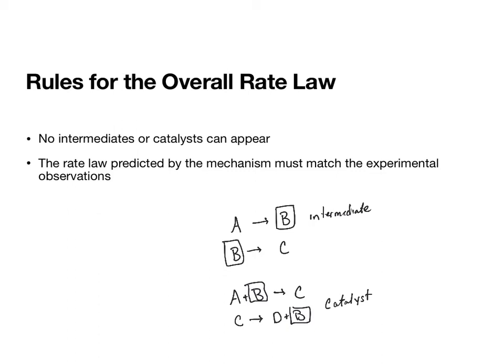So it's involved in the reaction, but it's not used up. It's used and then it's recreated, and that's what a catalyst is. An intermediate is something that is created and is then used. So intermediates and catalysts are really kind of opposites of each other, but they have very different roles in the course of the reaction.